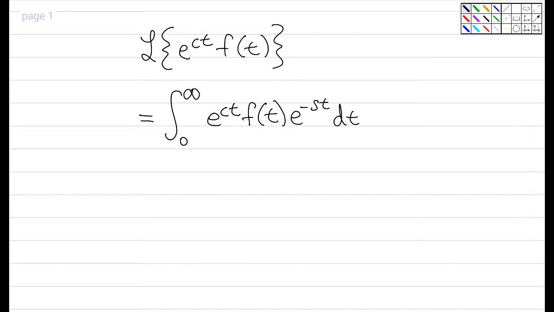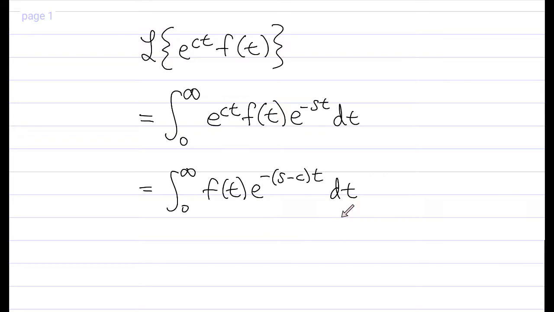Okay, I can combine those two exponential terms. So I get f of t e to the minus s minus c times t dt. If we look at this integral, we realize this is the same as the Laplace transform of f, except that instead of s being right here, we have s minus c.